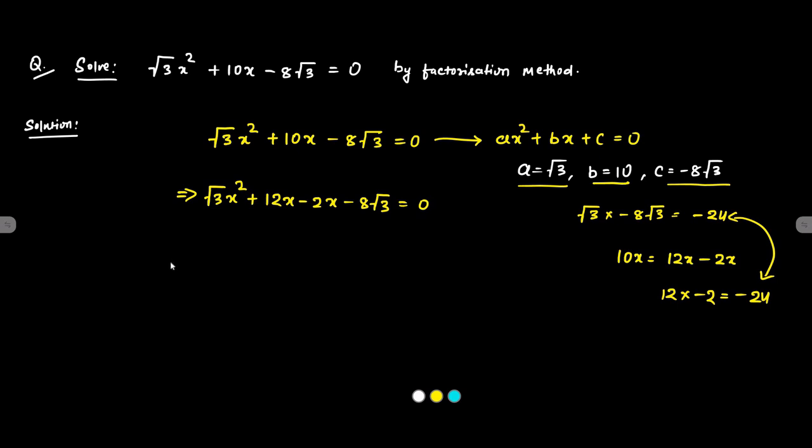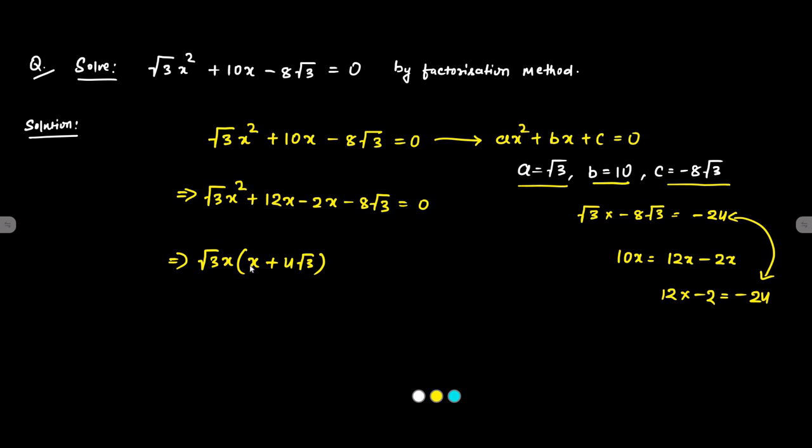So here we'll take root 3x common: root 3x into x plus 4 root 3.